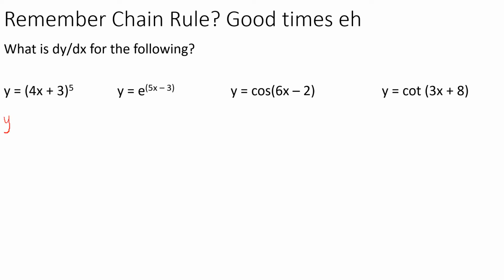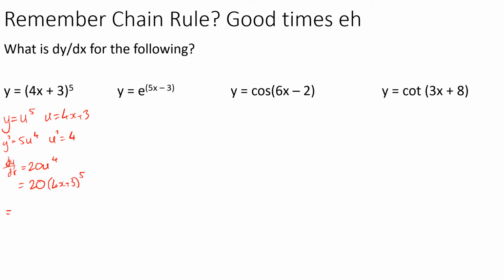So for this one, you split it up into saying this is u to the power of 5, where u is 4x plus 3. You differentiate them both, and then you multiply those two things together. So our dy dx for that function would be 20 u to the 4, or 20 times 4x plus 3 to the power of 4.